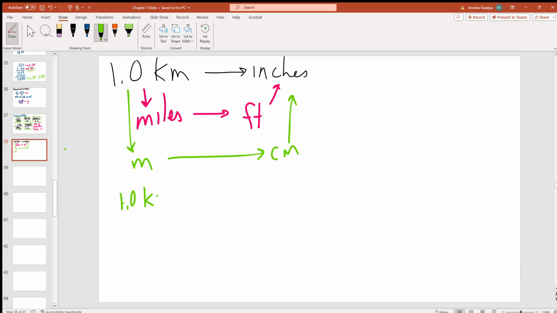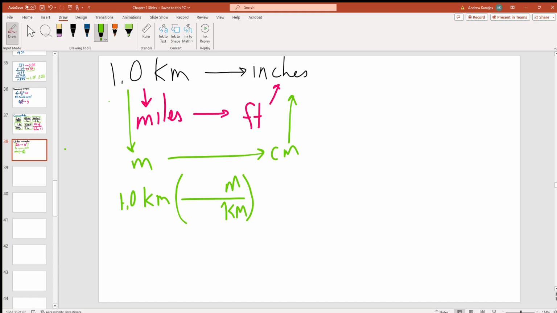So 1 kilometer, we're going to go to meters. So we know that there's 1,000 meters in a kilometer. And we need to know, do we put meters on top and kilometers on the bottom?